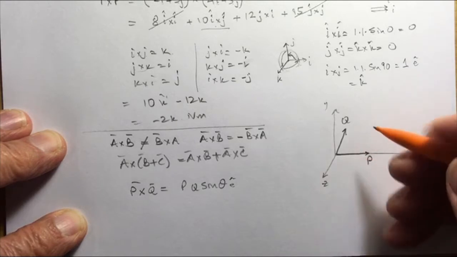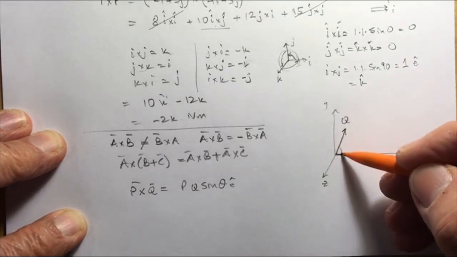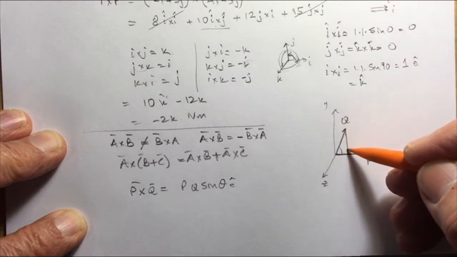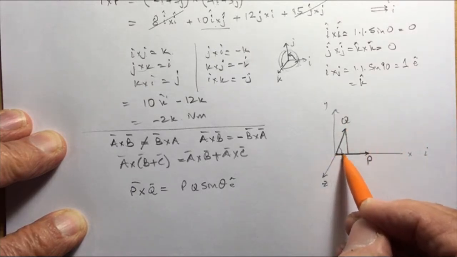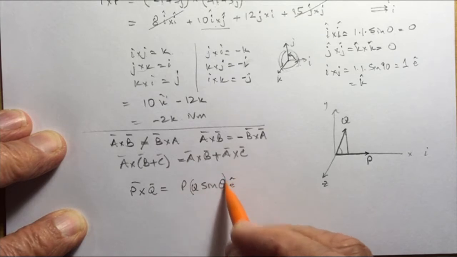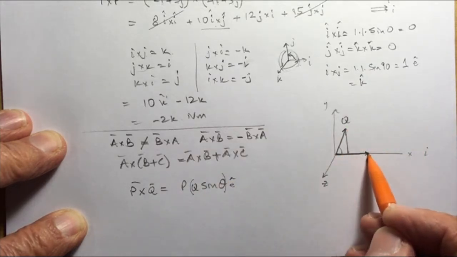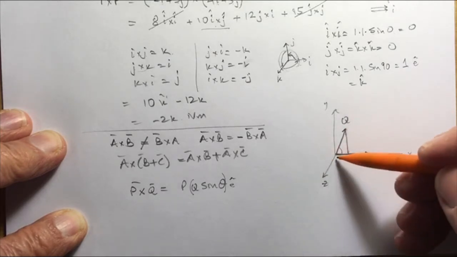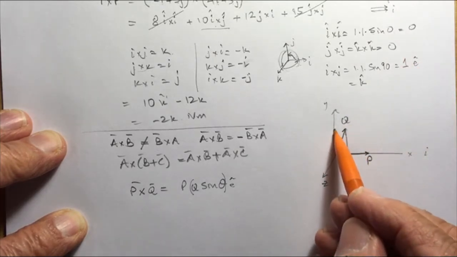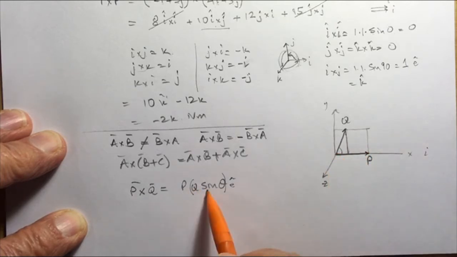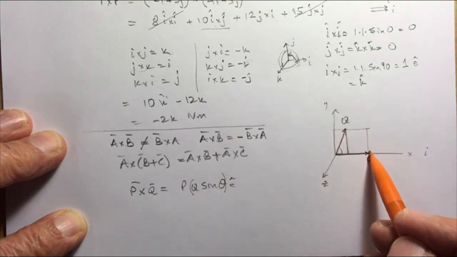So q sine theta, where theta is the angle between them, is going to be this line, and if you multiply this length p with this height, we get the area of this rectangle. So pq sine theta is the area of this rectangle.